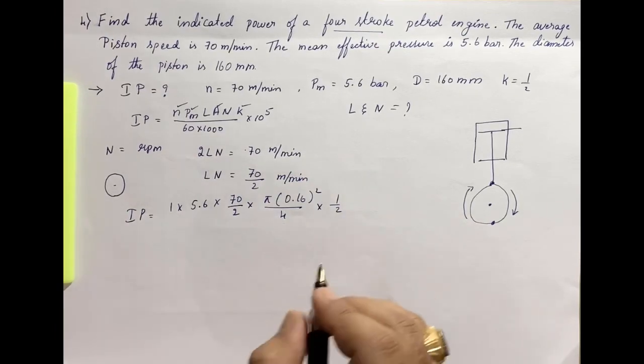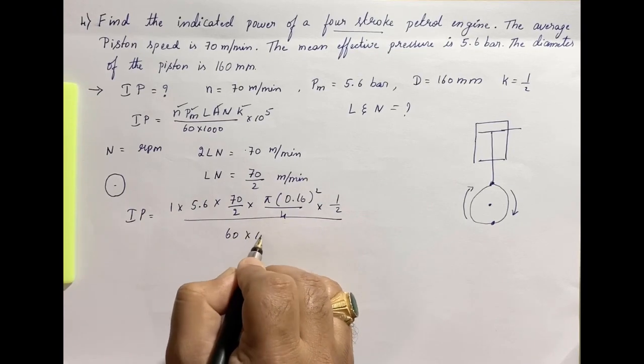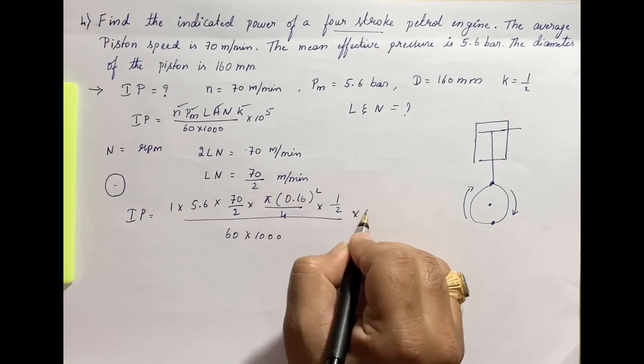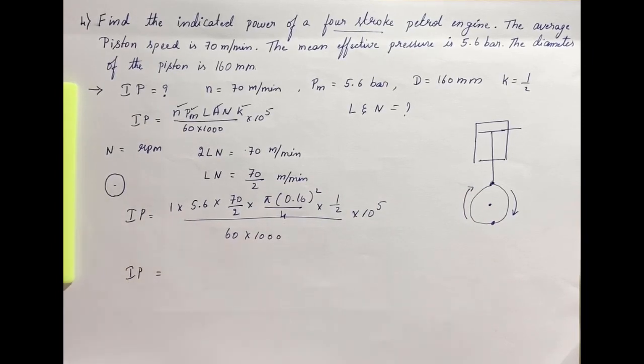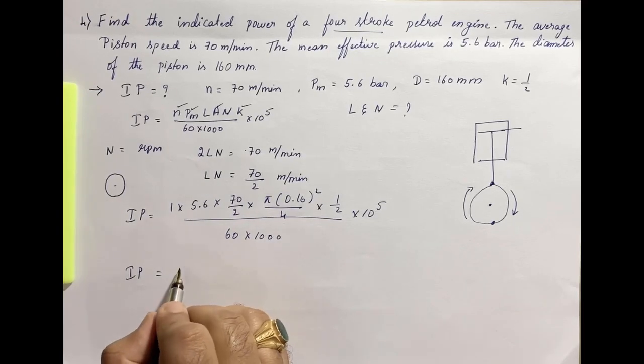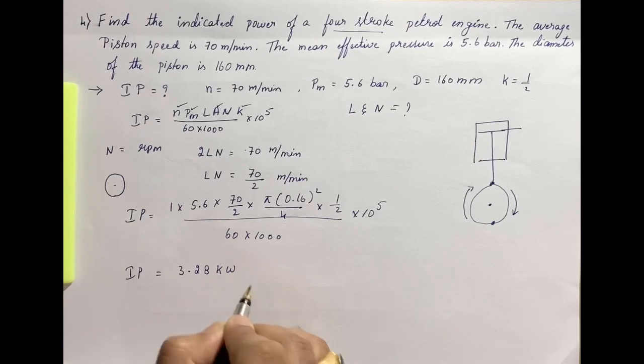Then divided by 60 into 1000 into 10 power 5. So calculate this, we'll get IP as 3.28 kilowatts. Right? Thank you.